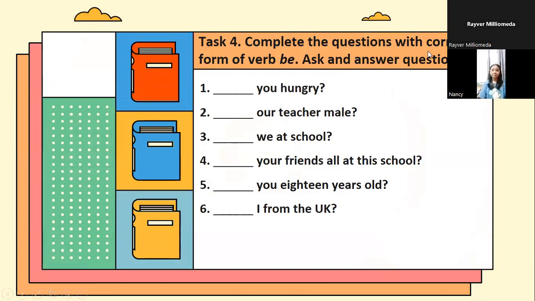Complete the questions with the correct form of the verb, ask and answer questions. You are going to choose the correct form of the verb be, okay? Yes. Okay, so you are going to write on your paper and you are going to tell me if you're done.